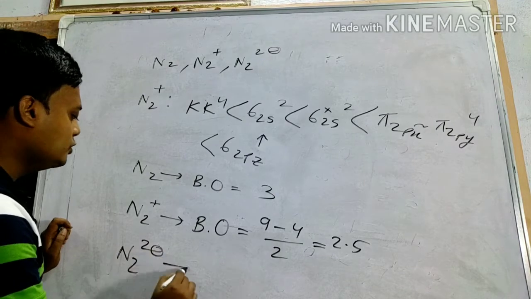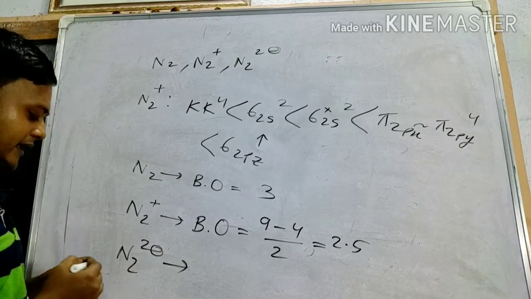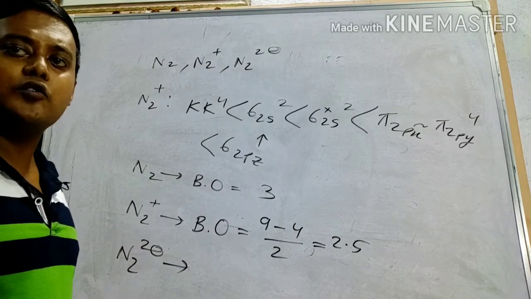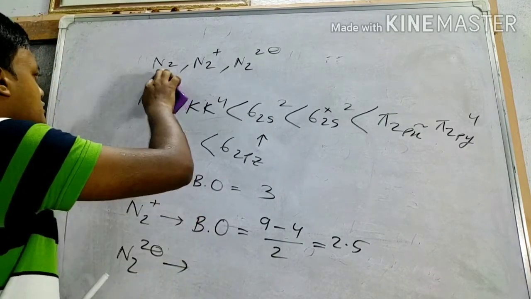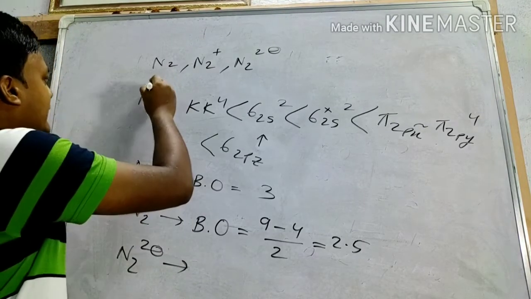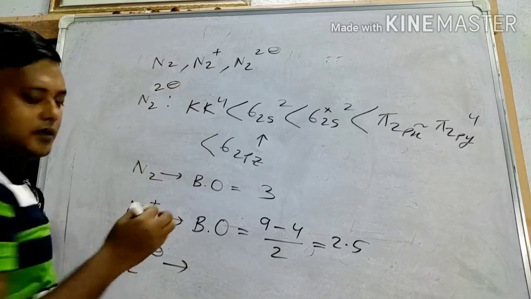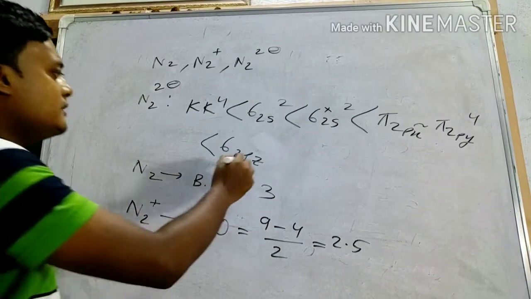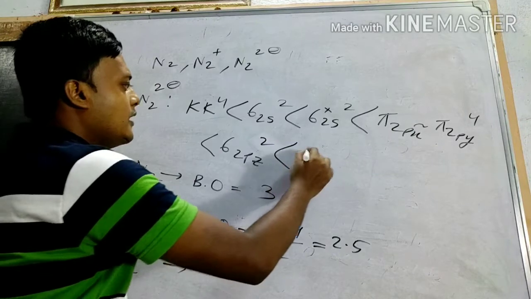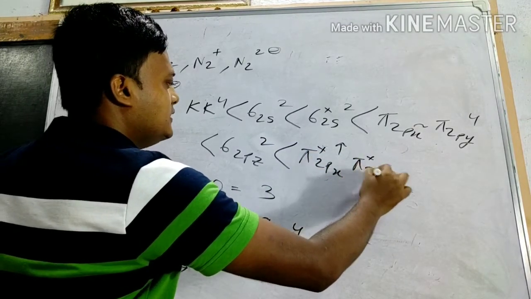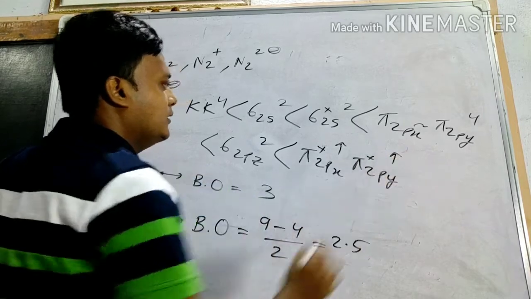Next N2 2 minus. For N2 2 minus, 2 electrons will enter the LUMO, lowest unoccupied molecular orbital. So what will be the electronic configuration for N2 2 minus? Sigma 2pz 2, pi star 2px 1, pi star 2py 1.